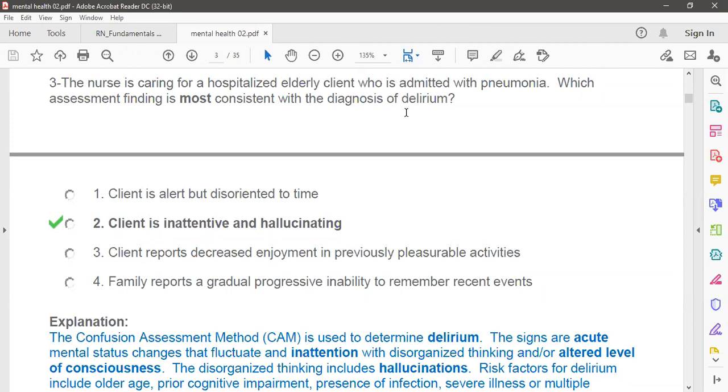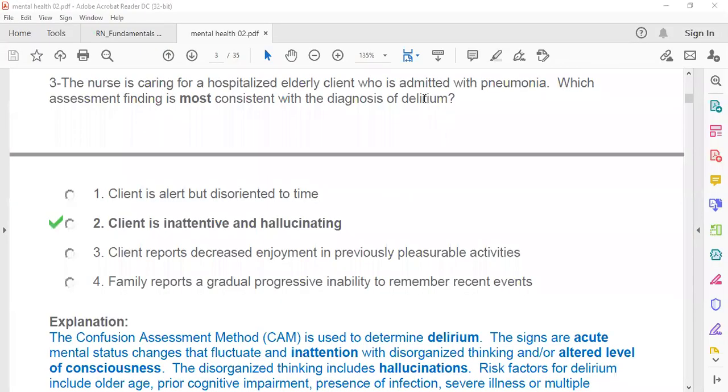What is delirium? Keep in mind there are four options. First of all, we have to know what delirium is. If you know what delirium is, it will be easy to answer this question.